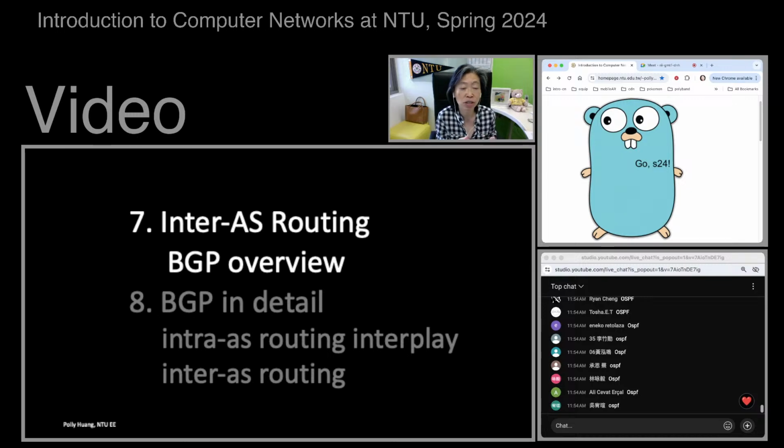That is the reachability information being propagated and aggregated along the way from the destination AS to the source AS. In this video, you will see BGP being path vector, very similar to distance vector, also running in an endless loop.